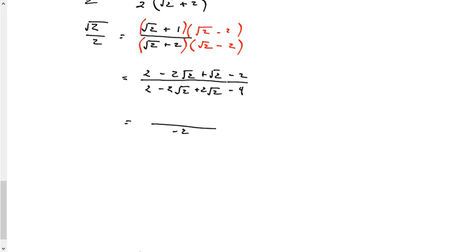These two are like terms that I can combine together, and that'll give me negative 2 plus 1, which is a negative 1 root 2. Oh, now I'm so close. Negative over negative gives me positive, and so I'll get root 2 over 2. And my left side I just kept as it was all the way down.